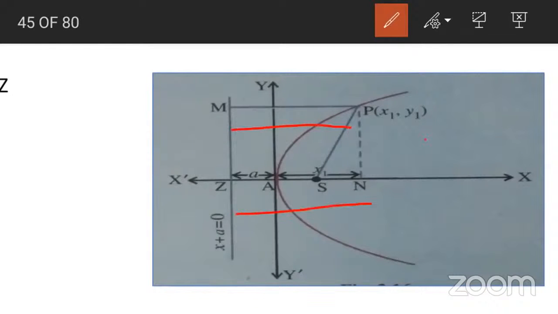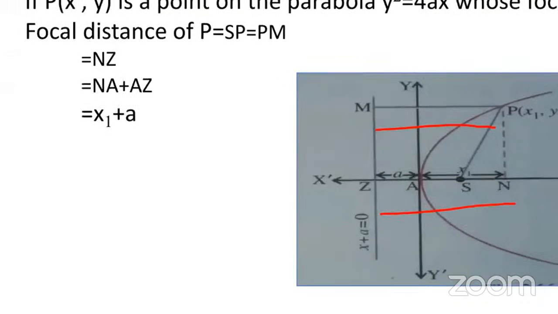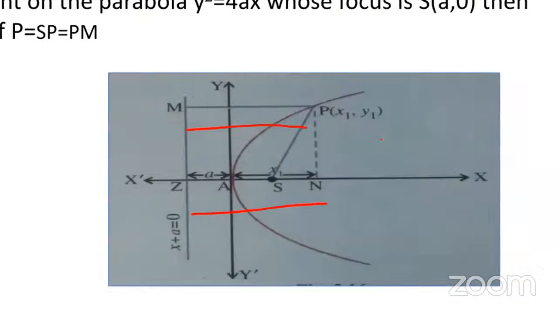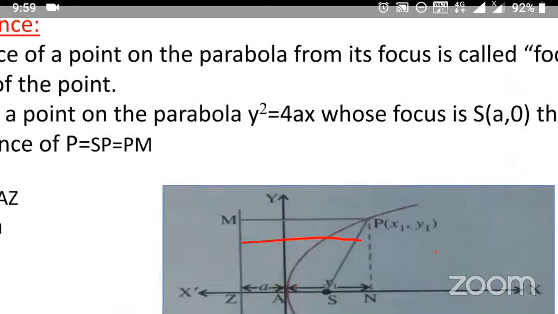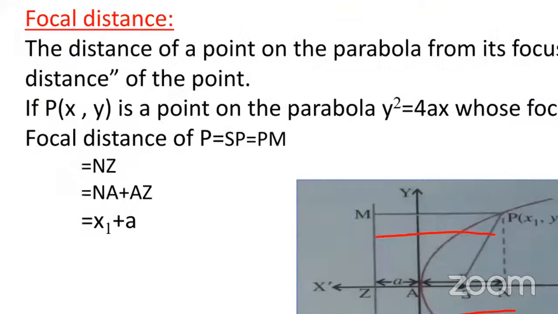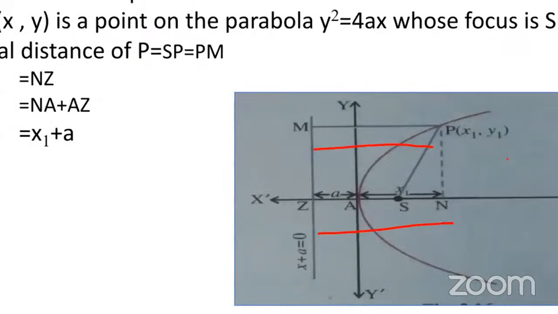So PM equal to NZ, and I'm writing NZ as NA plus AZ.